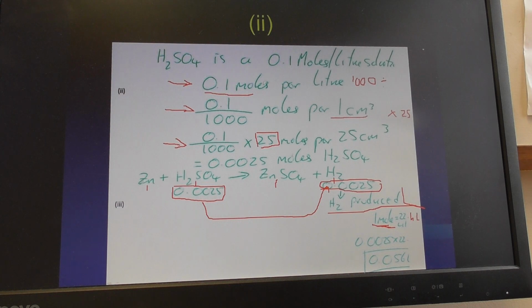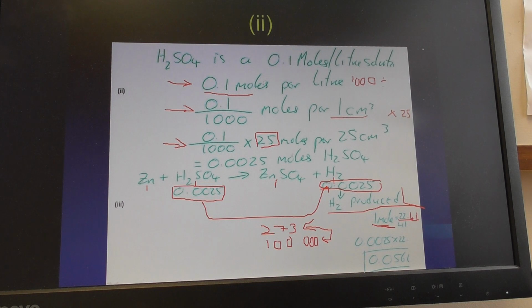Remember, STP is standard temperature and pressure, which is 273 Kelvin, which is 0 degrees Celsius, and 100,000 pascals or 100 kilopascals. We're not really concerned with those figures. We just know that 1 mole at STP occupies 22.4 litres.